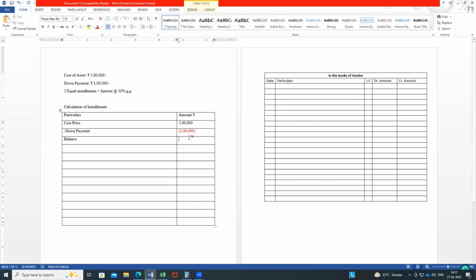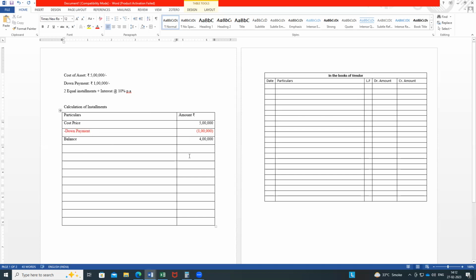What is the balance amount we will get? It is 4 lakh rupees. Okay. So we got the balance amount. Cost price में से हमने down payment reduce कर दिया है, minus किया है.